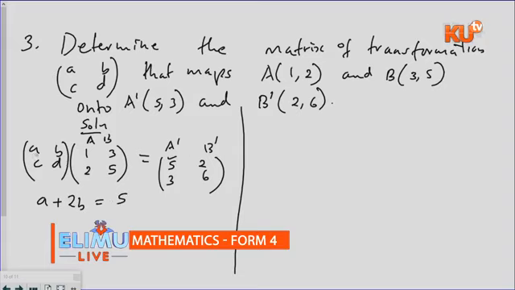Again a by 3, 3a, plus b by 5, 5b, equals 2. That is our equation 1 and equation 2, which have the same components, so we can eliminate a or b. By elimination, we will be able to work this out.